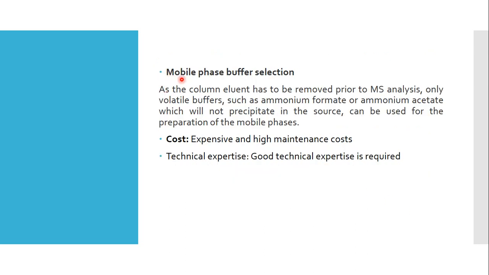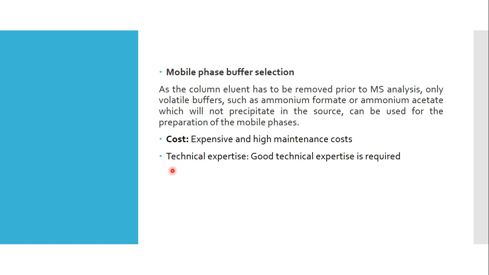Next limitation is mobile phase buffer selection. Now, as the column eluent has to be removed prior to MS analysis, only volatile buffers can be used, like ammonium formate or ammonium acetate, which will not precipitate in the source. So here again, our choice of buffer gets restricted because we can use only the volatile buffers. Next limitation is cost. It is expensive and it requires high maintenance, and maintenance costs are also high.